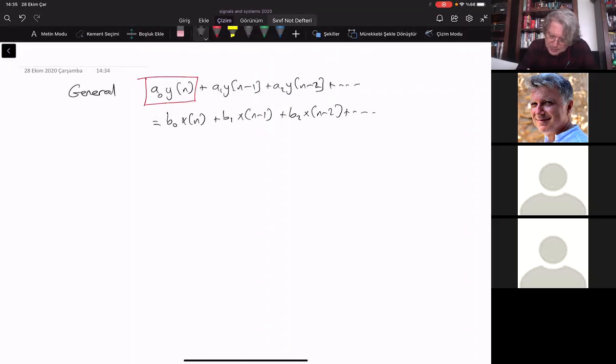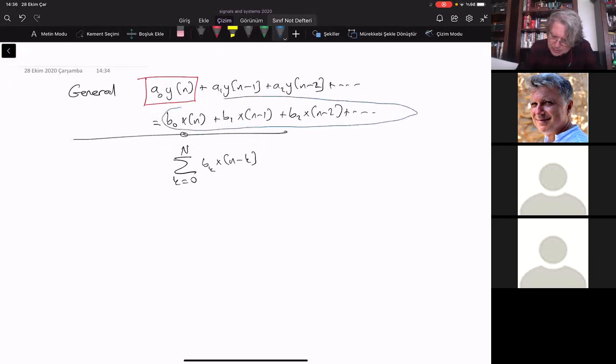First, we will have a summation, let's say for capital N, so it's order N, of B sub k x[n-k]. With this one, I just made B0 x[n], B1 x[n-1], B2 x[n-2], etc. All of these I combined into this summation.